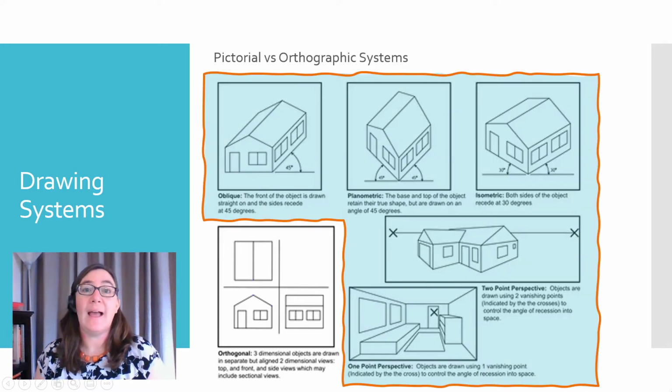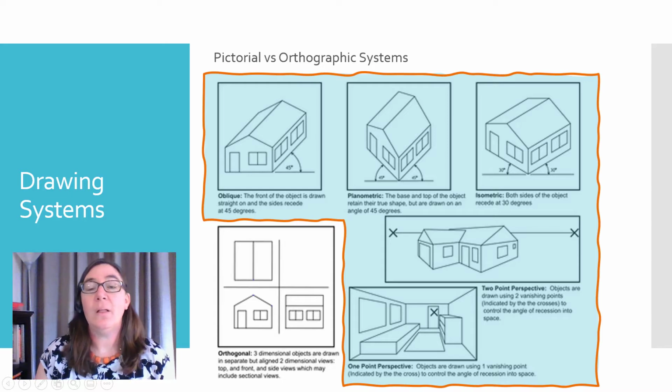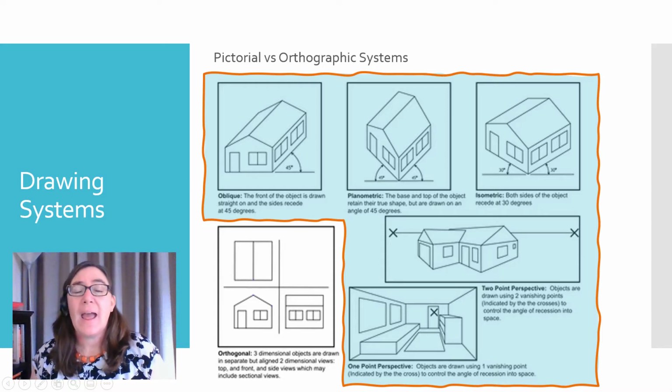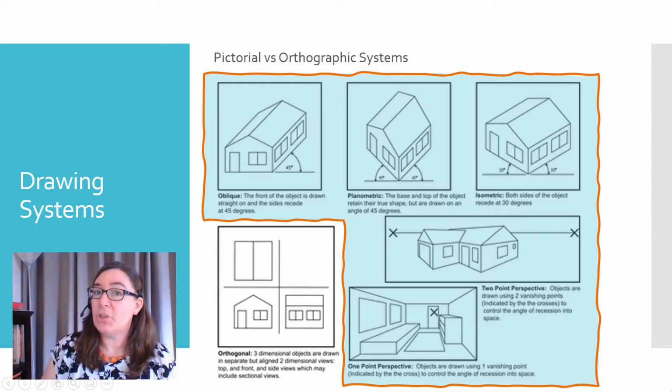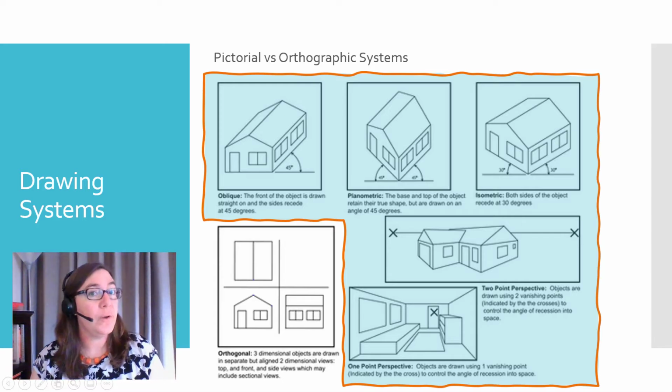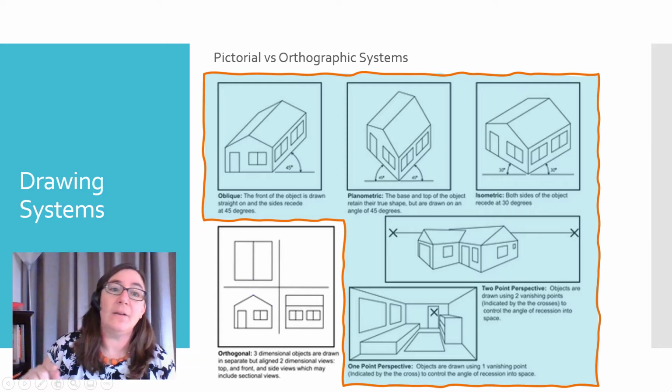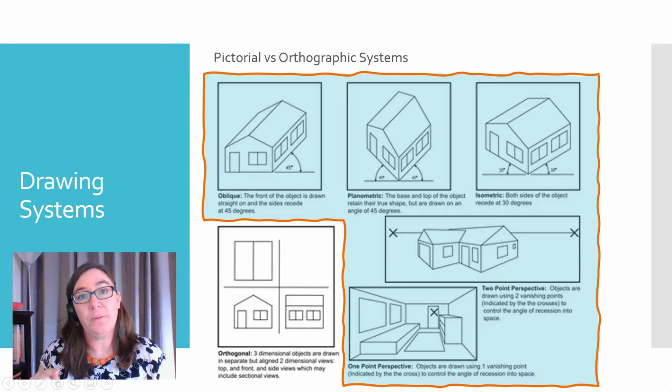Drawing systems can be classified as pictorial or orthographic. And the difference is, do they display a three-dimensional object or a two-dimensional view of an object? Right? I've highlighted all of the pictorial views in this image.